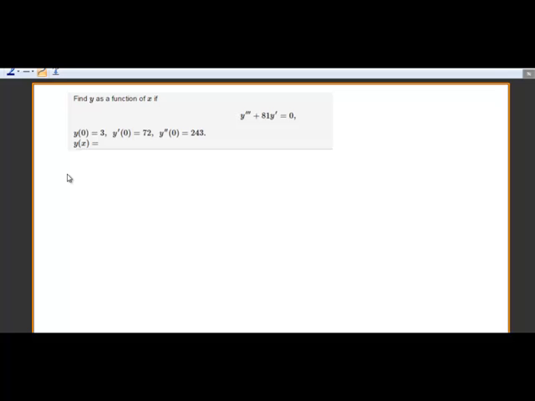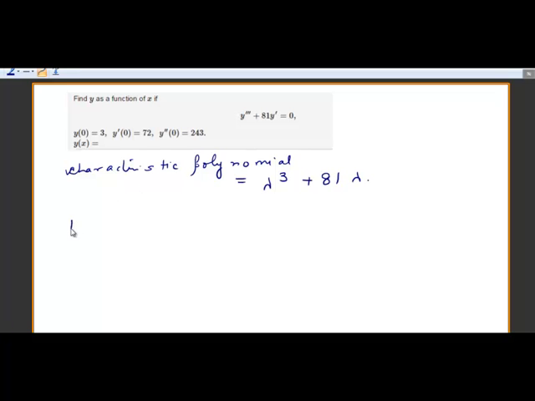So we will write down the characteristic polynomial, and that would be lambda cube plus 81 lambda. That's right, lambda cube plus 81 lambda, because you have y prime, not just y.